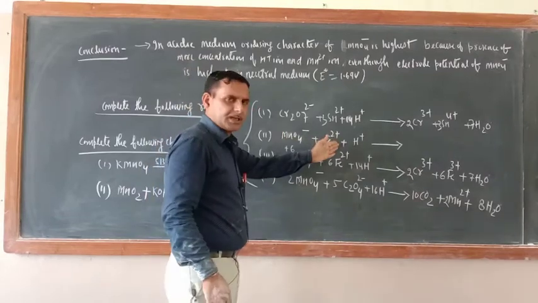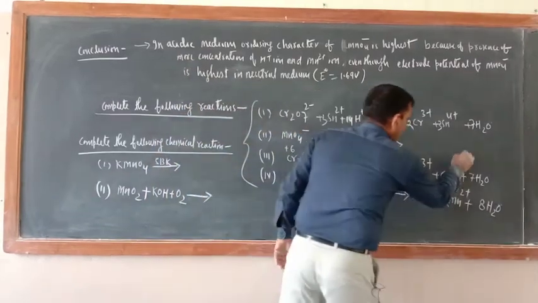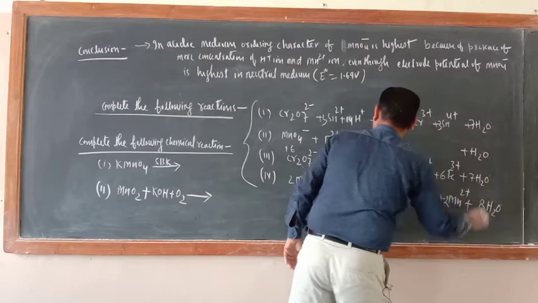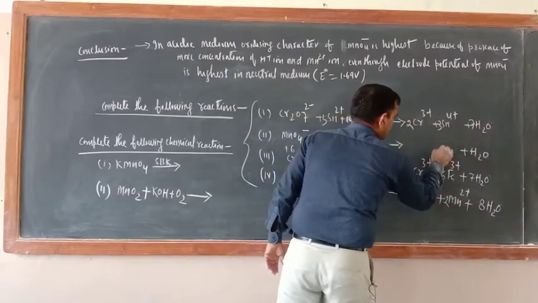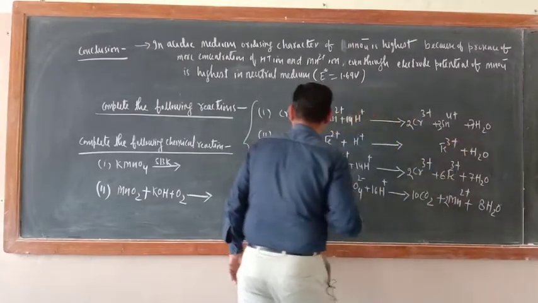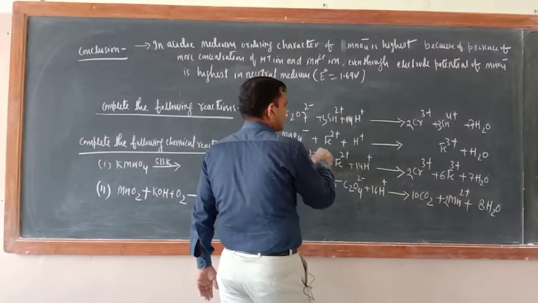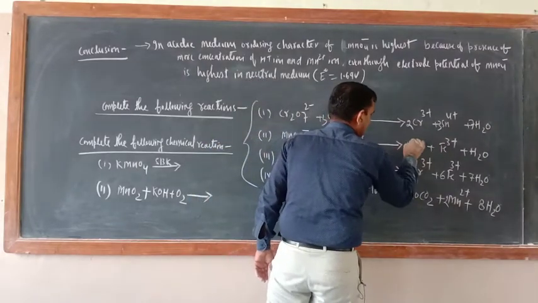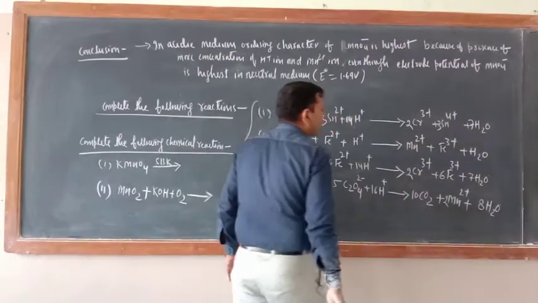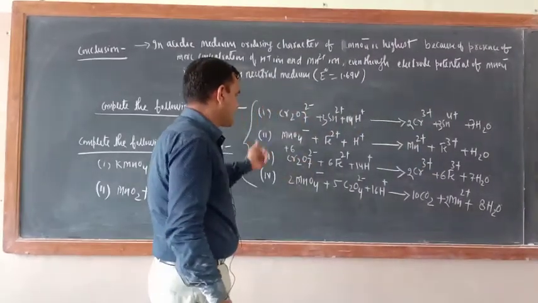Now the same is the case here. This is also in acidic medium, so one product here will be water, H2O. Now Fe2+ will be oxidized into Fe3+. Now MnO4- in acidic medium is reduced into Mn2+. Now balance the reaction.